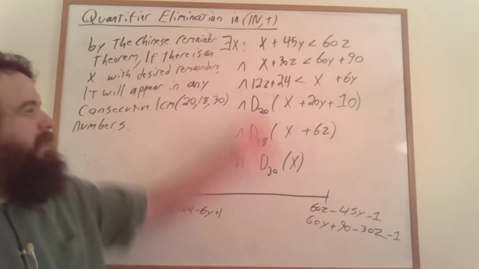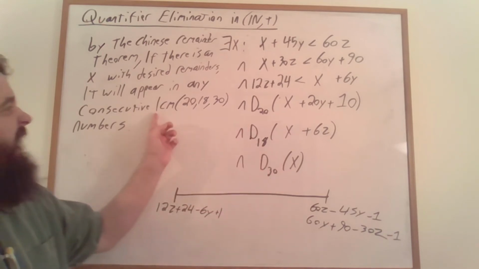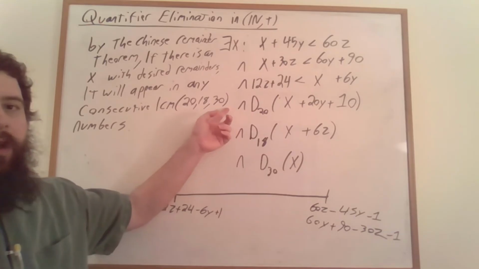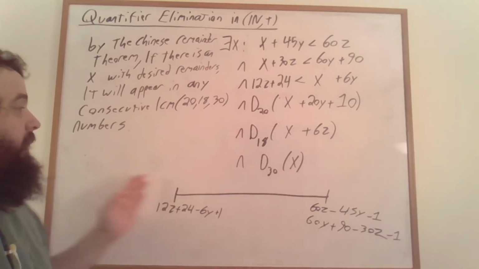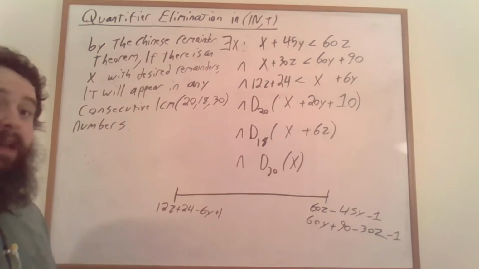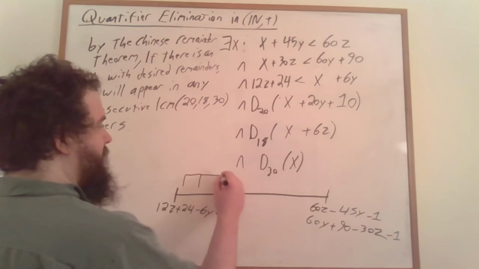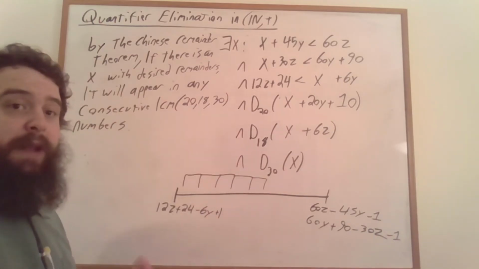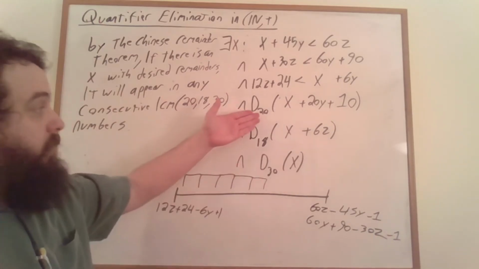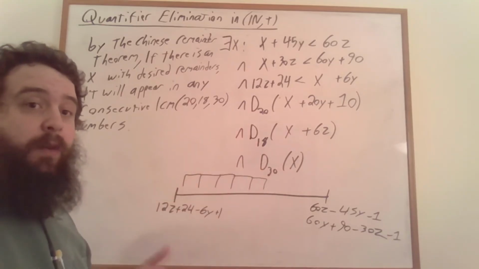But if there is an x that makes this work, then in any consecutive 180 numbers, there will be an instance of an x that makes this work. Because within every group of consecutive 180 numbers, all combinations of remainders modulo 20, 18, and 30 that are compatible with each other will show up.